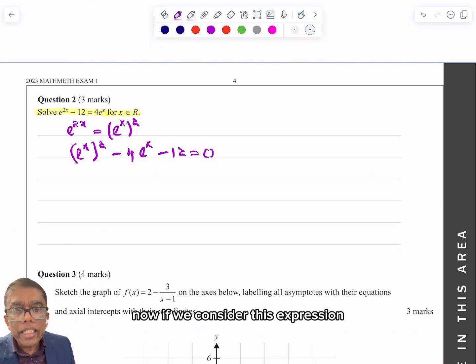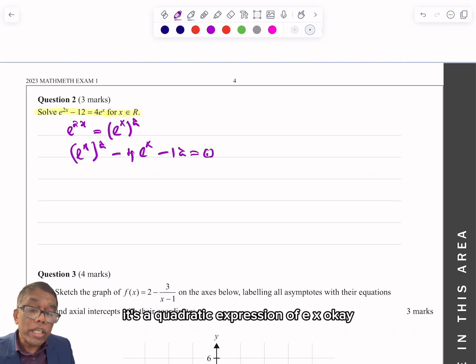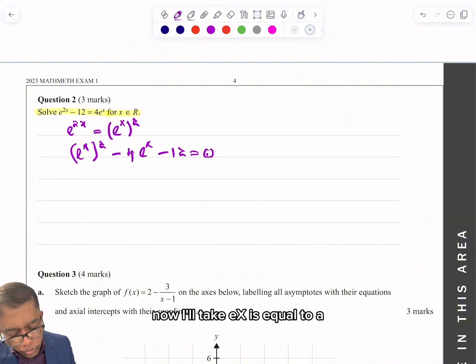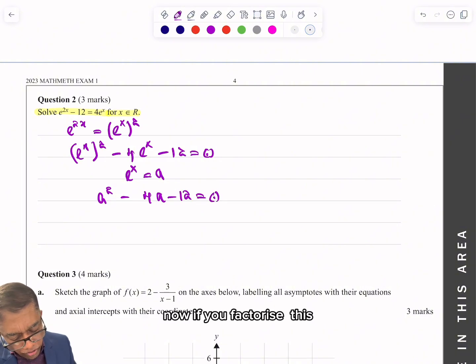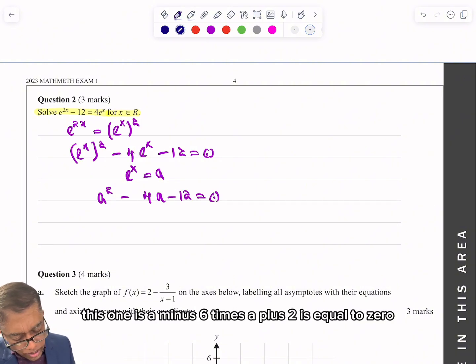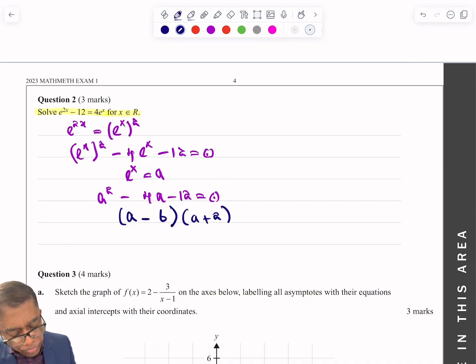Now, if we consider this expression, it's a quadratic expression of e^x. Okay. Now, I'll take e^x is equal to a. Therefore, a squared minus 4a minus 12 is equal to 0. Now, if we factorize this, it is (a minus 6) times (a plus 2) is equal to 0.